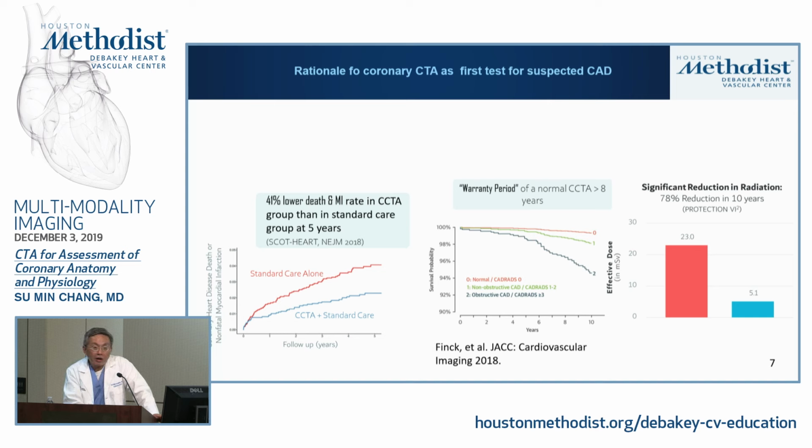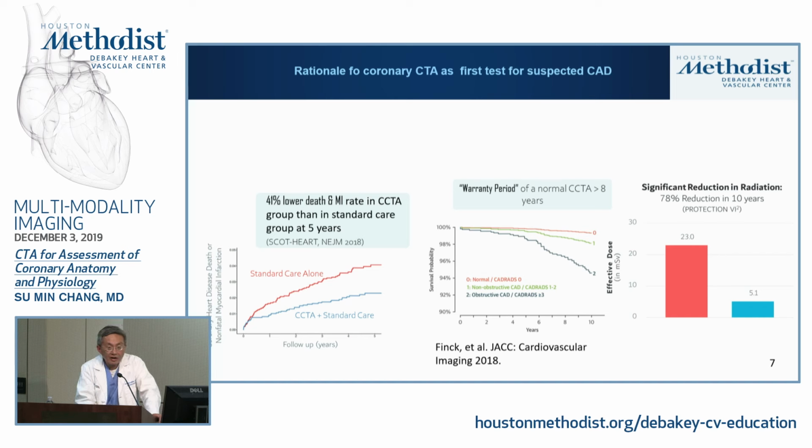So in addition to having a very good anatomical depiction of coronary stenosis, over the last 5-10 years there have been several randomized studies using CTA versus standard of care in the management of patients with suspected CAD, like PROMISE and SCOT-HEART. They essentially show a trend that if you use CTA as the first test of choice, there might be a reduction of clinical events.